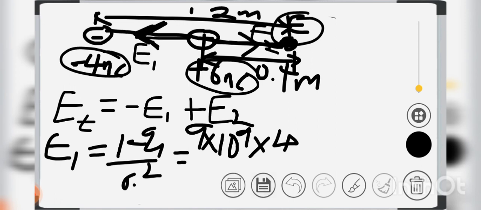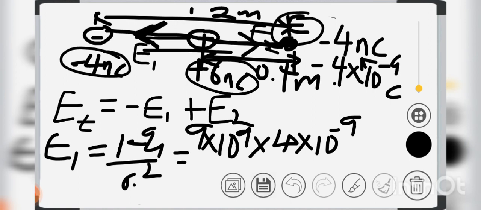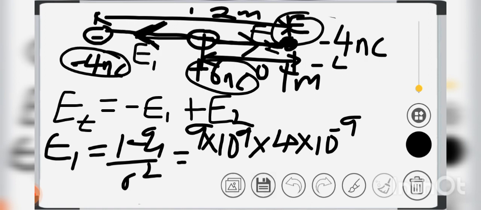So we just take 4 times 10 to the power minus 9, because 4 nanocoulomb is 4 times 10 to the power minus 9 coulomb, because nano means 10 to the power minus 9. Even though we want to solve, we have analyzed the direction already, so don't go and include the sign again. So please take note of that. It's very, very important.